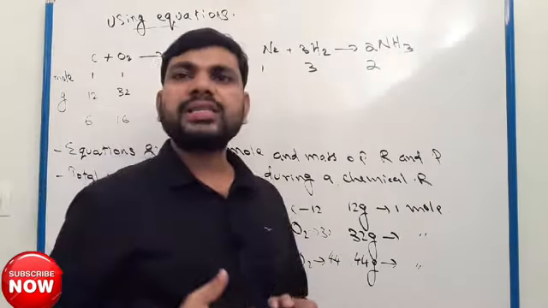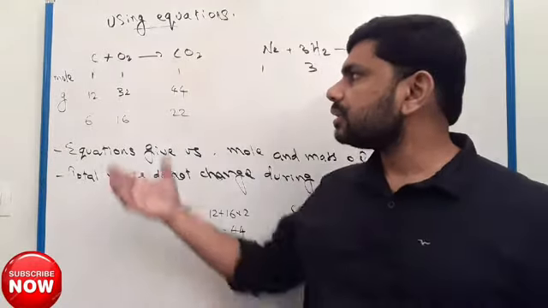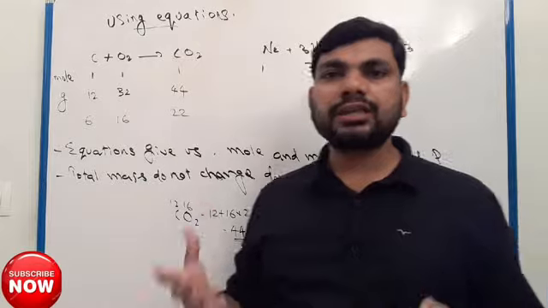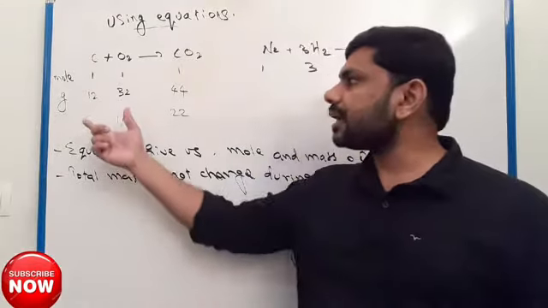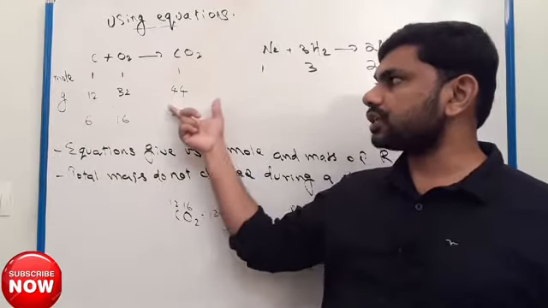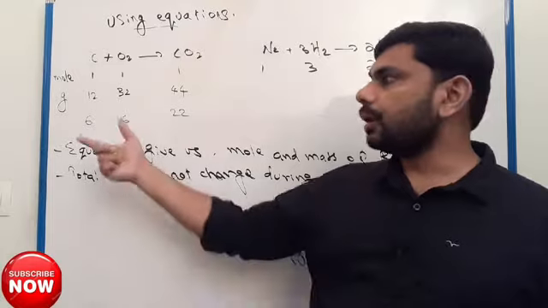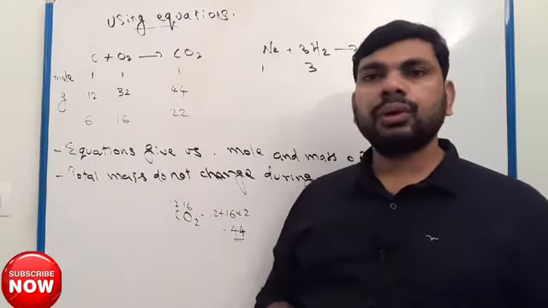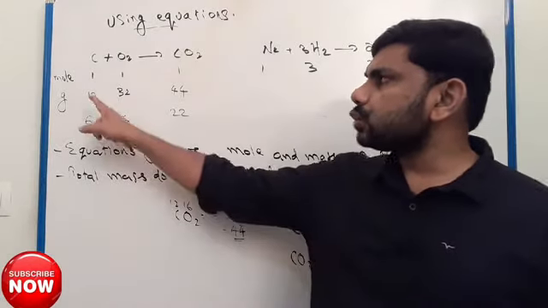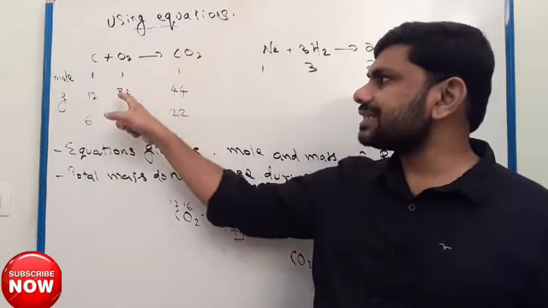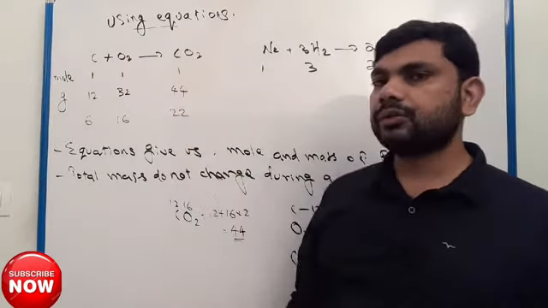Always, a balanced chemical equation gives information on the number of moles and the mass of reactant and product. Using these moles we can find mass or mass ratio. One more thing: look here, 12 gram carbon reacted with 32 gram oxygen forms 44 gram carbon dioxide.